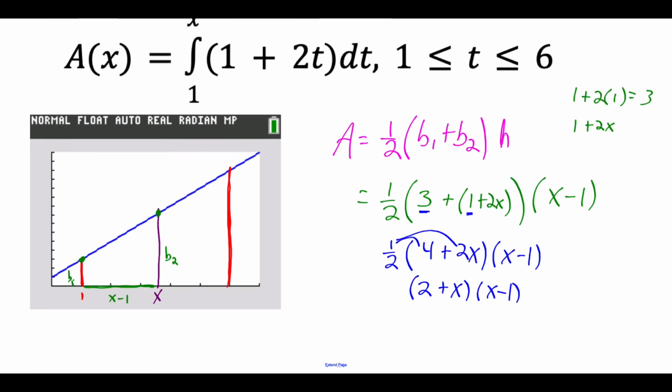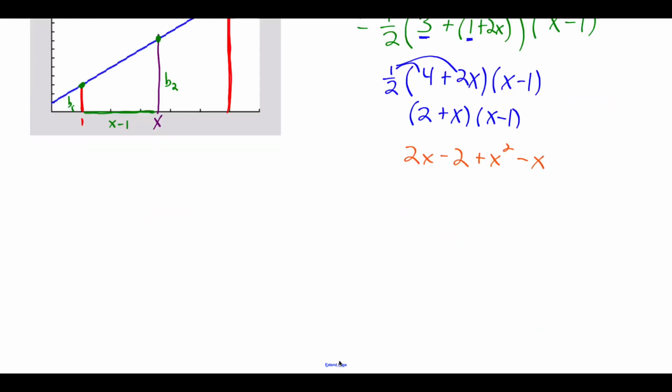Now that's going to take a little bit of foiling, so 2 times x is 2x, 2 times negative 1 is negative 2, x times x is x squared, and then x times negative 1 is negative x. Looking at doing some combining of like terms in there, and I'm also going to do a little rearranging, we're going to end up with x squared plus x minus 2 as our accumulator function.